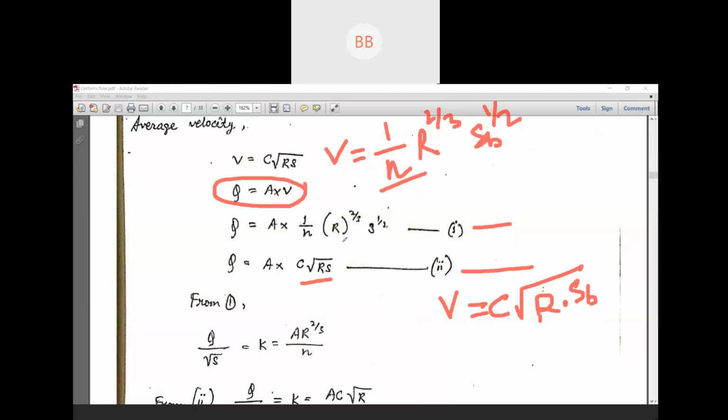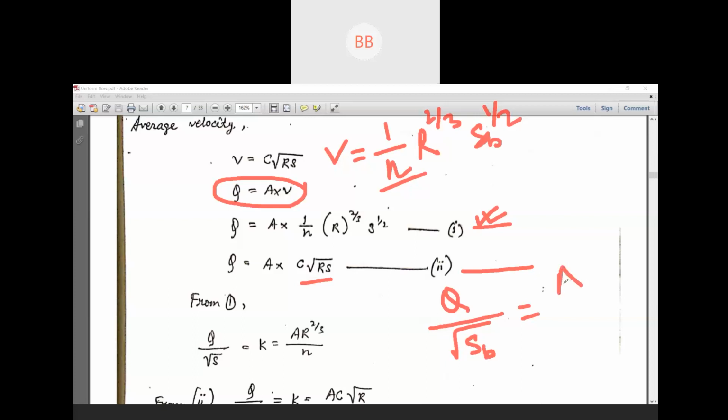If you see in equation number 1, we can write Q divided by Sb to the power half, that is slope. The slope of the channel will be constant. If we consider Chezy's or Manning's, it doesn't matter, our slope will be the same.